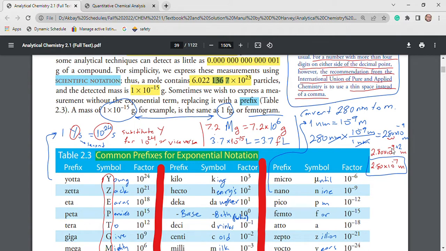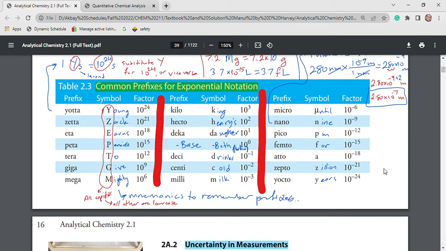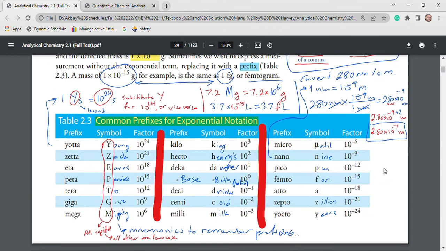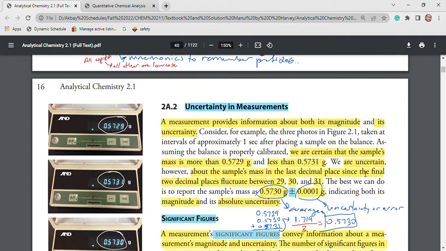We are making 280 smaller, about 100 times, from 280 to 2.8, so you have to increase the exponent, and it becomes 2.80 × 10 to the negative 7, because negative 7 is greater than negative 9 meters. So that's how you can apply that to any conversion. As long as you have the conversion factors here, we can use those to convert between the prefixes.